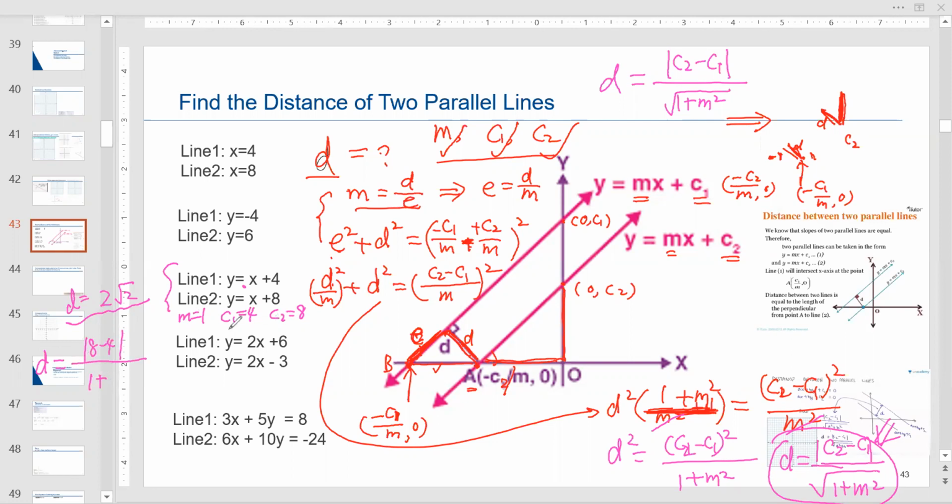Over square root of 1 plus M square, M is 1. So the top is 4, right? The bottom is square root 2. So you can get 2 square root 2, right? So it's confirmed. This formula is very good to confirm.